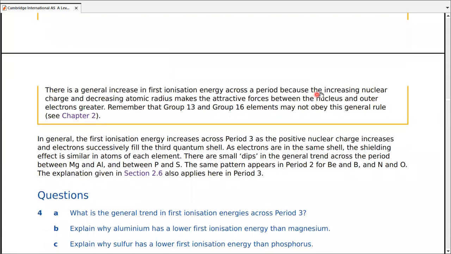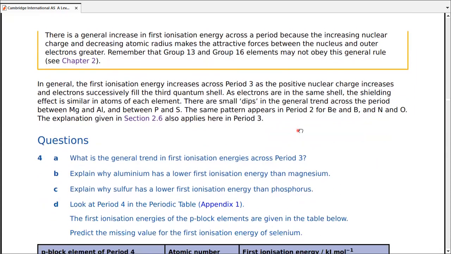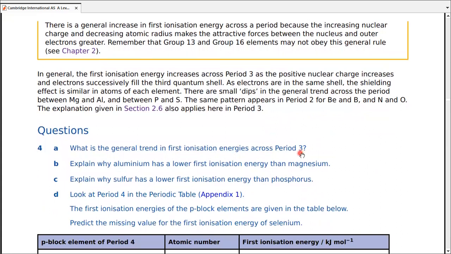Okay. There is a general increase in first ionization energies across the period because the increasing nuclear charge and decreased atomic radius make the attractive forces between the nucleus and the valence electrons greater. Remember, the group 13 and group 16 elements may not obey this rule. We have discussed this before. In general, the first ionization energies increase across period 3. As the positive nuclear charge increases, electrons are successively filled in the third quantum shell.